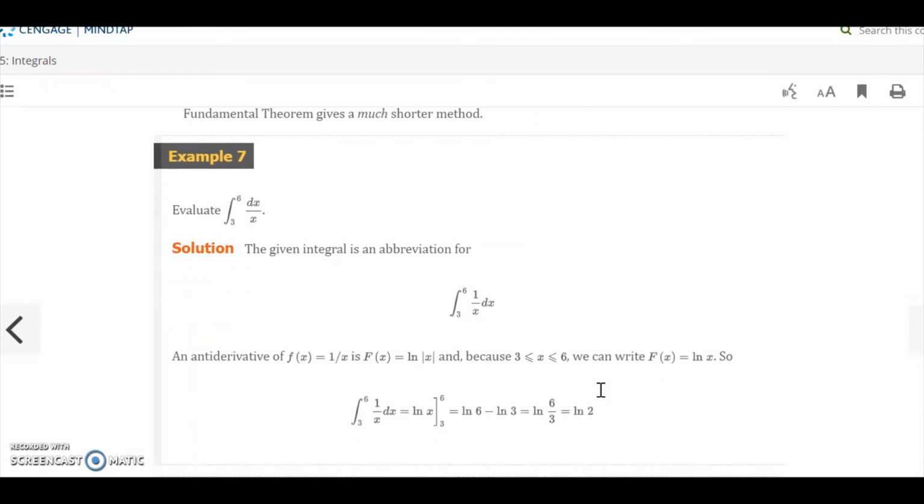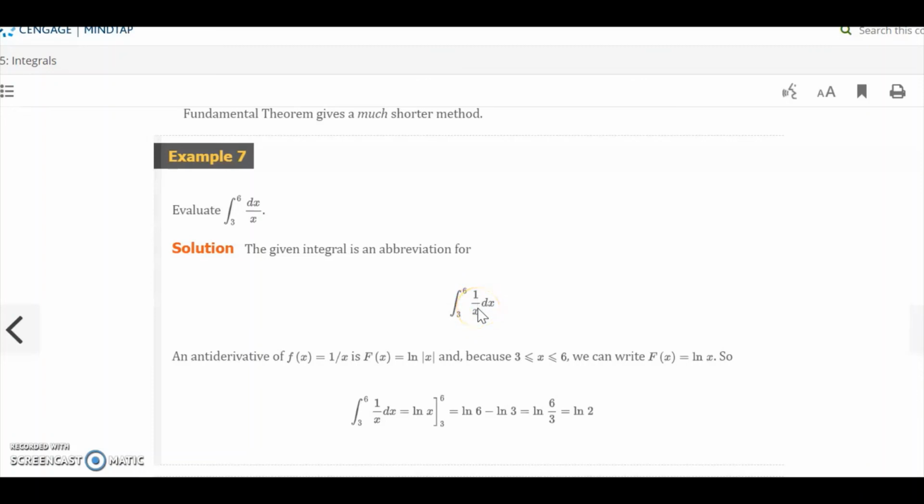This example might seem a little tricky, but it's not too bad. It's just written a little bit differently. We have 3 to 6 for our integral, and we have dx over x. Well, we can rewrite that. It's the same thing as 1 over x times dx.